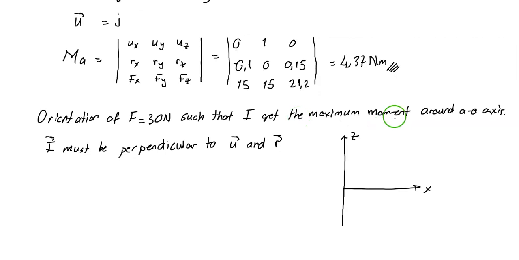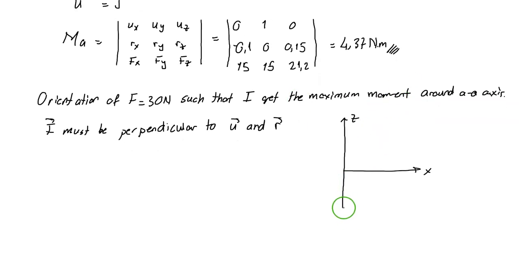So based on that assumption, for my position vector, if this is where my pipe is, perpendicular to this plane that I'm writing on is my y-axis, or the AA axis. So I'm going to have r with 0.1 in the x direction and 0.15 in the z direction, and r is like that.